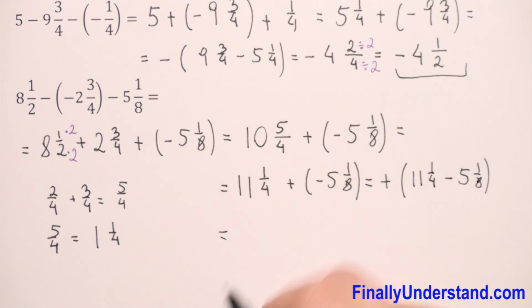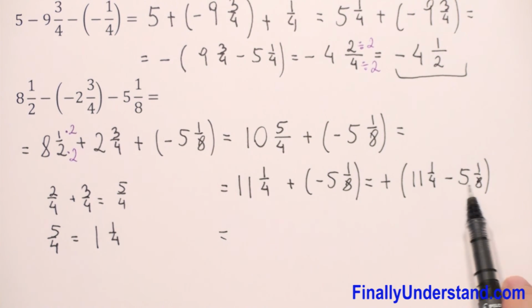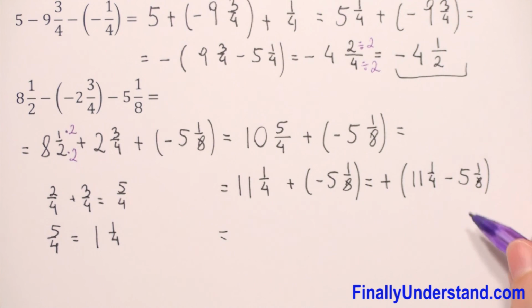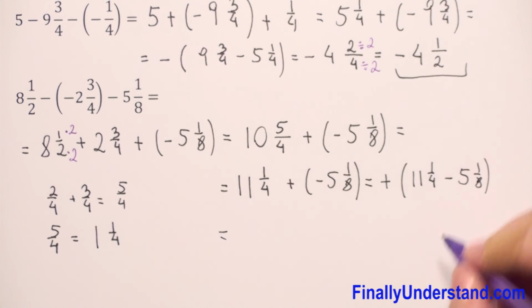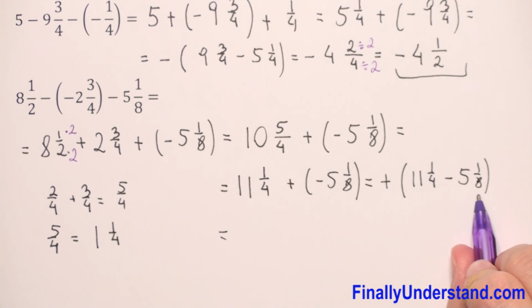So this is equal, positive sign we don't have to write, take down parentheses. So we have 11 and 1 over 4 minus 5 and 1 over 8. We have different denominators. So I will change these two fractions to the same denominator. We have 4 and 8, so common denominator will be 8. It must be number which is divisible by first and the second denominator.